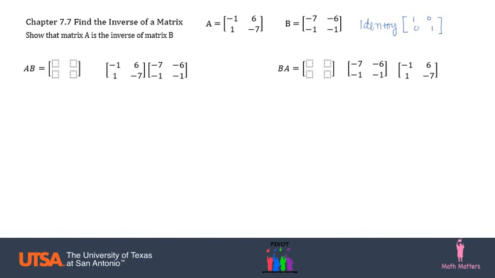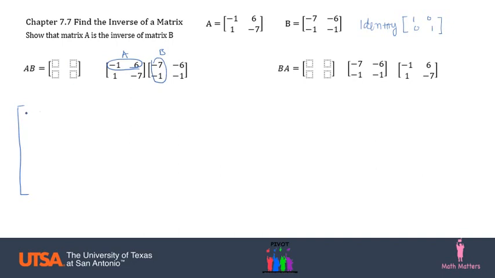Alright, so now let's multiply matrix A and B together. When we multiply matrices, it's going to be row 1 times column 1.